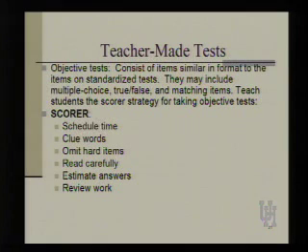Estimate what answers might be and eliminate any that are unnecessary, and review their work before they turn it in. You know, they need to read over it once, but you need to caution students, and you need to know this yourself. There have been lots of studies done on students' test-taking strategies, and usually when you change an answer, you change it wrong.